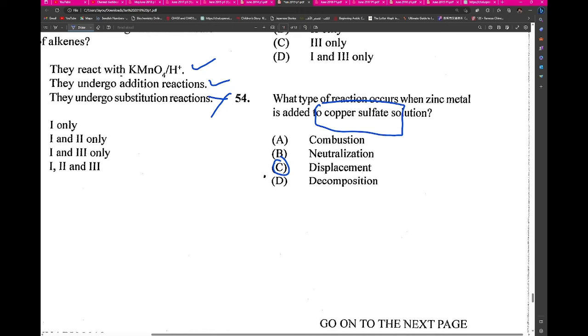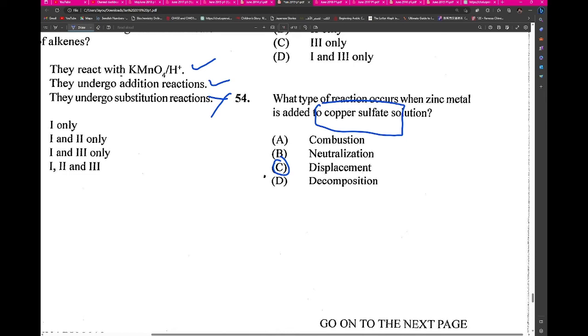Is copper more active than zinc? I have to really think about that. I think it is more active than zinc, but it has the more oxidizing. Oh, let me see.